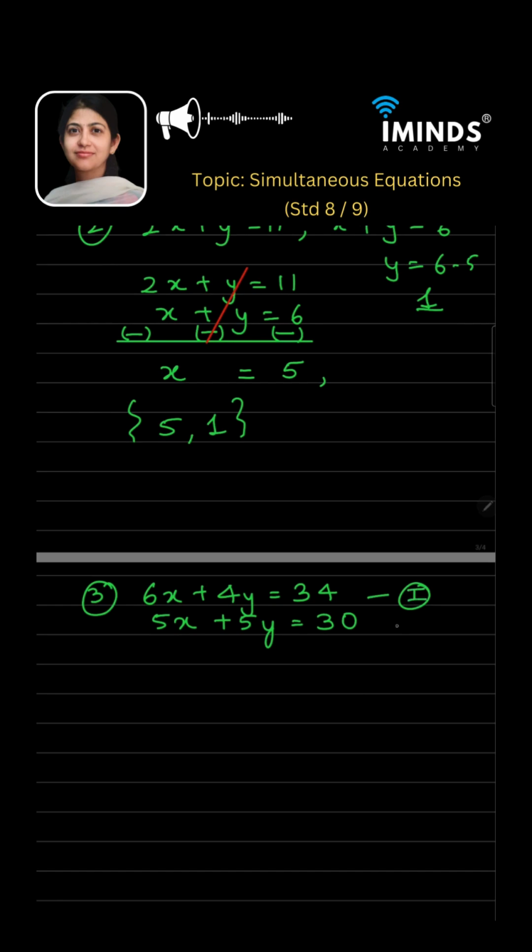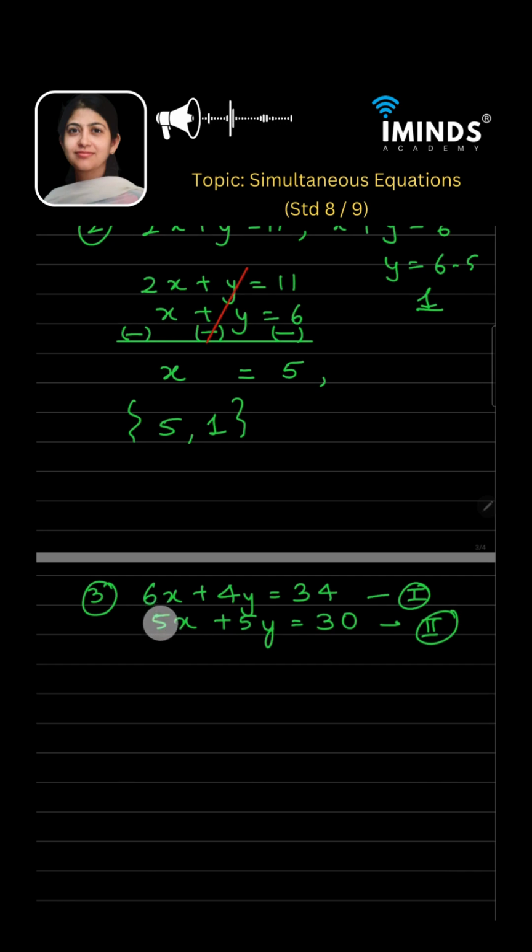This is number 1 and this is number 2. Now first decide which coefficient you want to eliminate. Okay, let us eliminate x over here. Yes, we decided that we want to eliminate x, but the coefficients of x are different, 6 and 5. So how will we do this now?